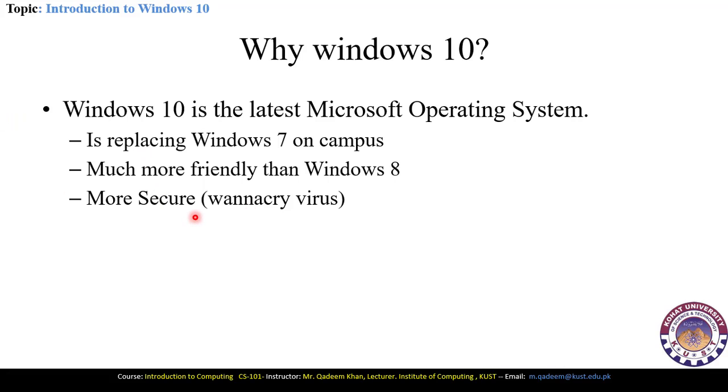Windows 10 is more secure because it prevents the WannaCry virus. This was the virus which attacked computers in May 2017, and basically the attack was to get the data of the Bitcoin currency. So basically Windows 7 and Windows 8, these two Windows, were unable to repel these attacks of the virus.